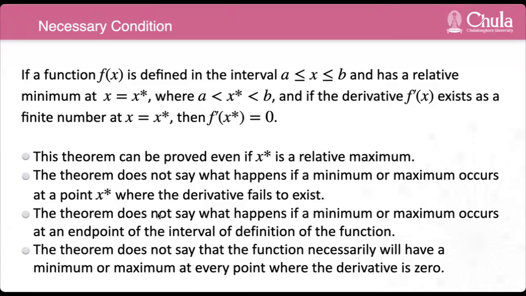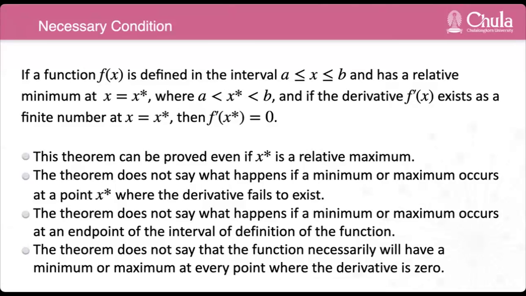The next one is that the theorem does not say that the function necessarily will have a minimum or maximum at every point where the derivative is zero. What does it mean?